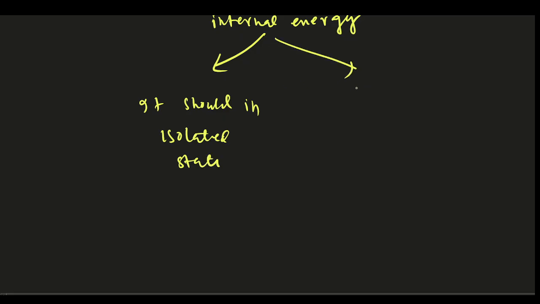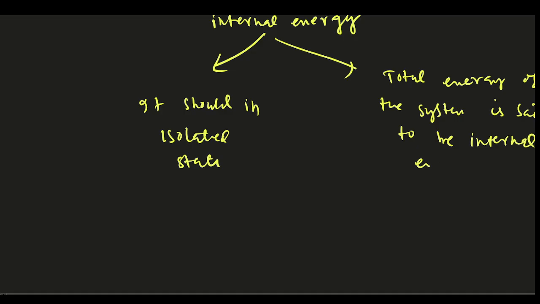And secondly, the internal energy of the system, or simply the total energy of the system, is said to be the internal energy of that matter if no external field is applied on it.